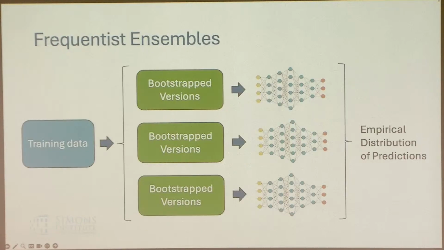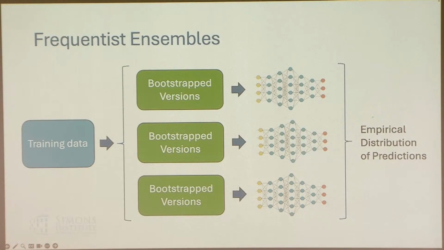An alternative to doing deep kernel learning and to being Bayesian completely is to be frequentist. This idea is very similar to the Bayesian setting, but we're just going to be frequentist whenever possible instead of being Bayesian. The most basic way of doing this is to do bootstrapping and ensembles. The original training data in the beginning, of course, might be 0. You haven't collected any data, and you start collecting a little bit of data at a time.